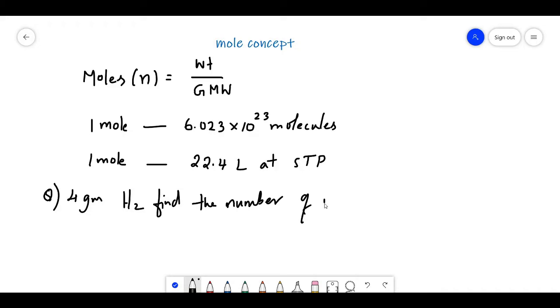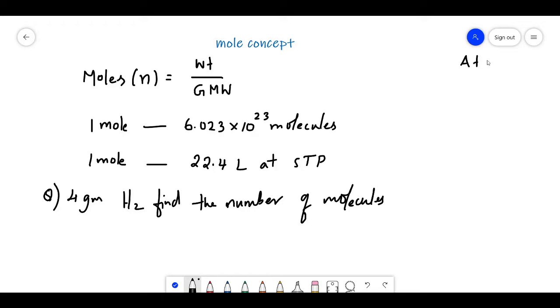So we have to calculate the number of molecules. For this, first we have to calculate the number of moles by using given weight by gram molecular weight.